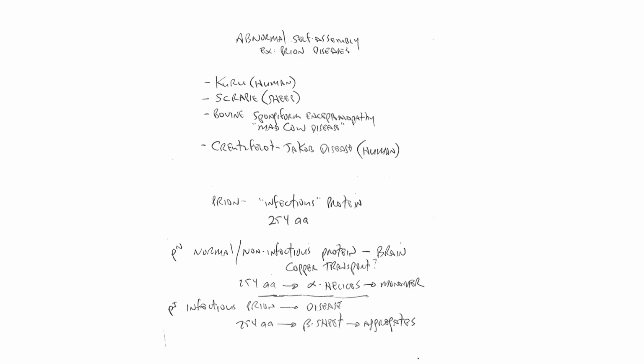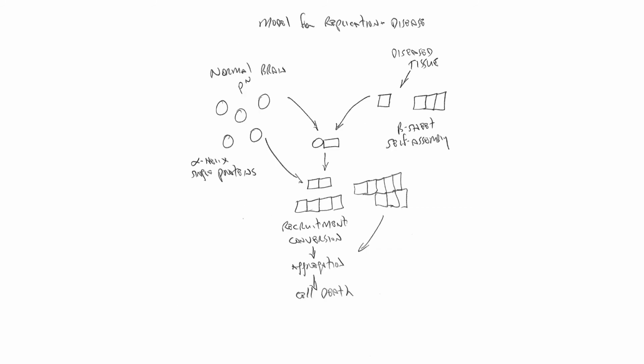So here's the next slide, which shows the model of how these things are thought to, quote-unquote, replicate. This is pretty much what we believe happens, a model for replication of the prions and the disease. If you look at the left-hand side, that's what occurs in a normal brain. You get these normal proteins being formed.